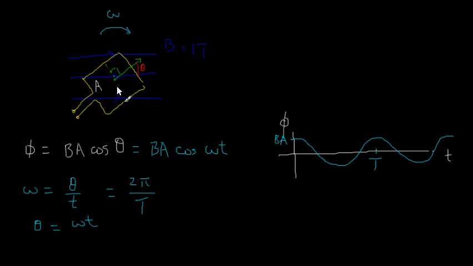In the last video, I talked about how, in a rotating coil, the component of a uniform field going through the coil that is perpendicular to the coil depends on the cosine of the angle between the field direction and a direction perpendicular to the coil.